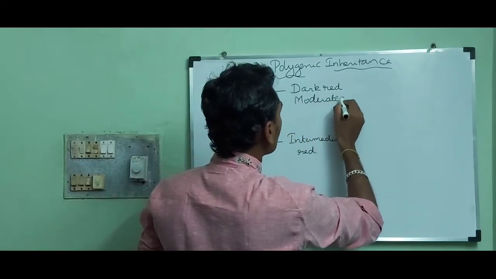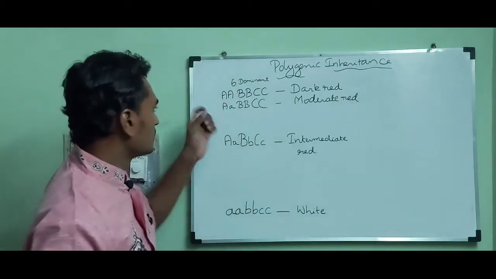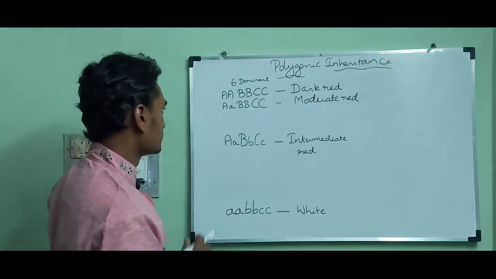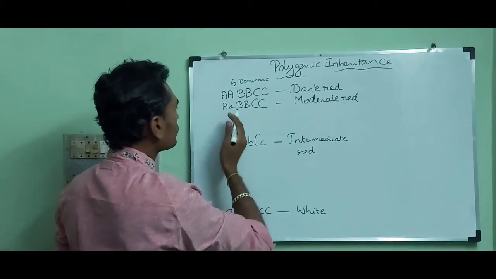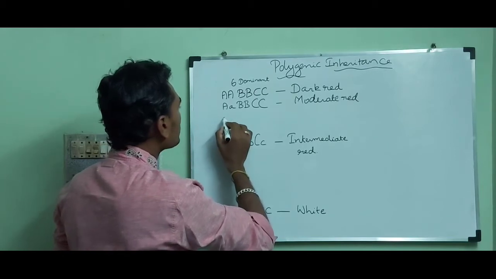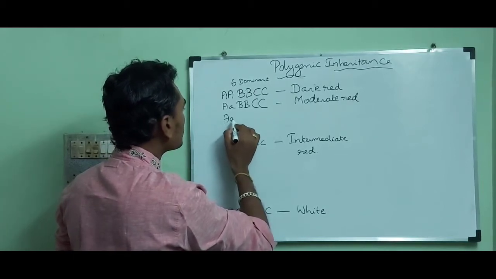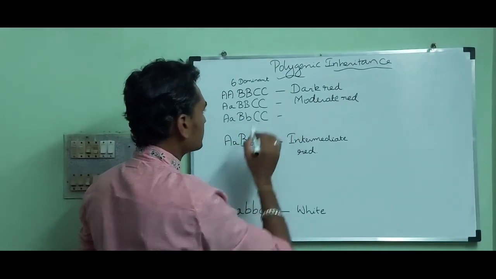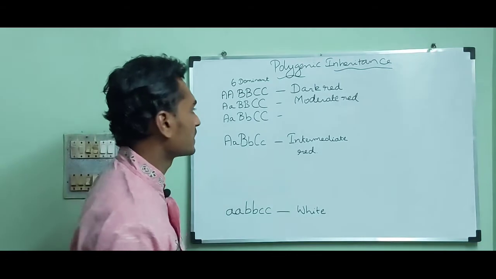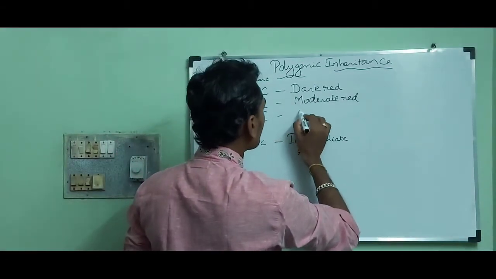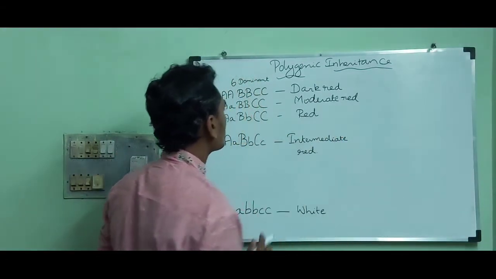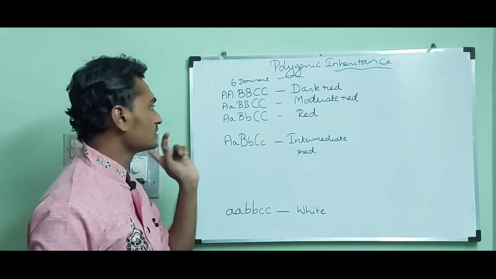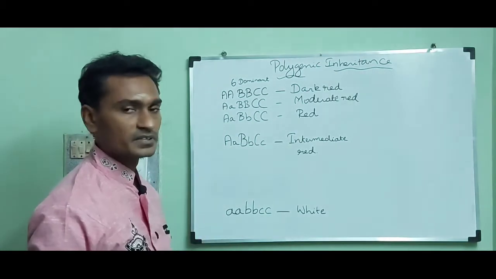Here 5 dominant alleles are present. Then it could be 4 dominant alleles. So capital A, small a, capital B, small b, capital C, capital C, and it shows the phenotype red. So red color contains the genotype with 4 dominant alleles.